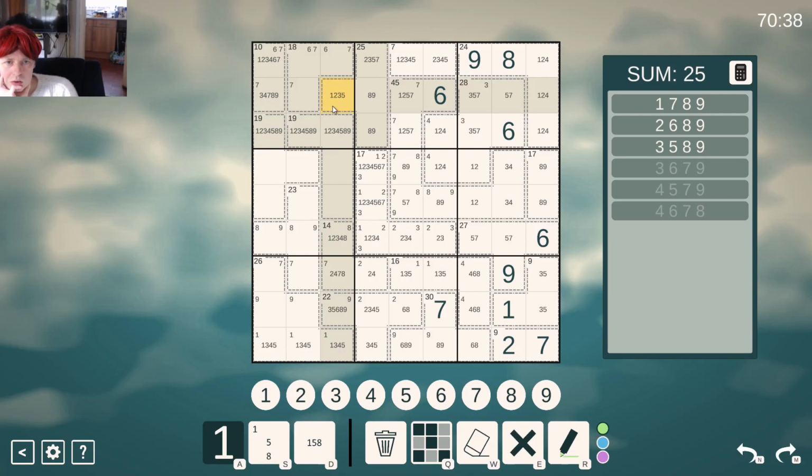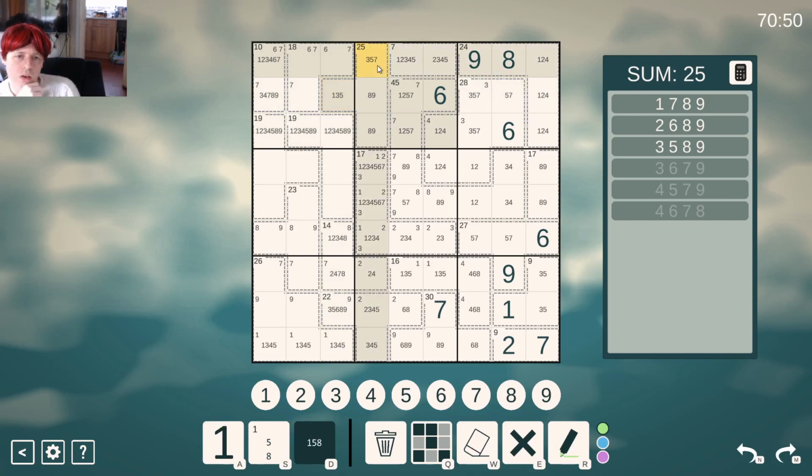If that's 2, that would be 6, so that can't be 2. Neither of them can be 2 now. So it's either that's 1 and that's 7, or we've got a 3-5 double. So the 6 gave us that, so that's good.